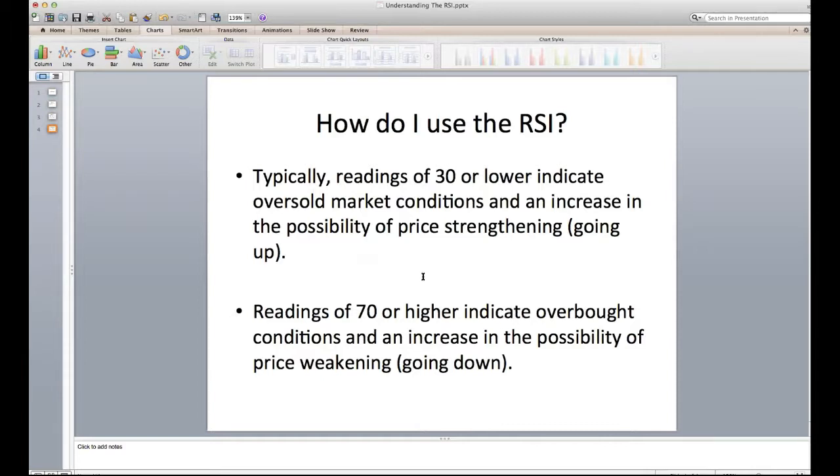So let's go to a chart. What I'm going to do is show you how to apply it. You give me a second. We're going to apply it to our chart. Most of you guys trade from your phone, so I'm going to show you how to add the RSI on your MetaTrader 4 mobile. Give me just a second here.